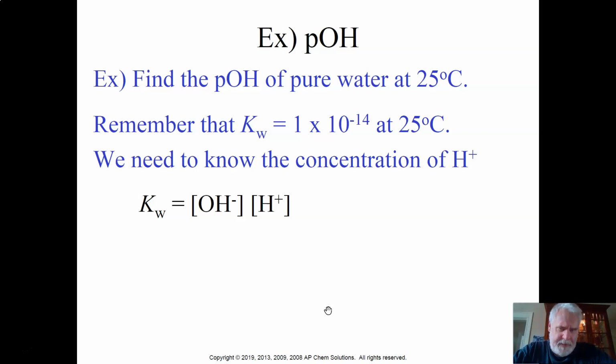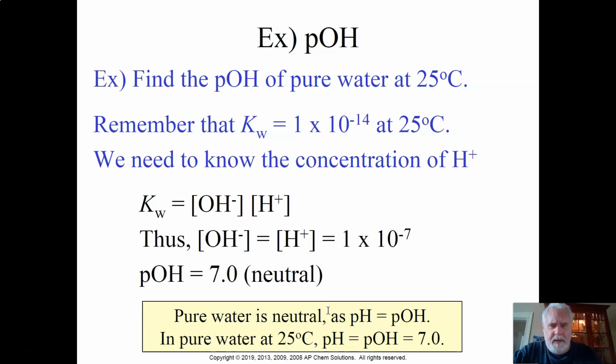So you got something like this. We know Kw, and we know that the OH- concentration is the same as the hydrogen, so pOH is also 7.0 in a neutral solution. So again, that's at 25 degrees Celsius.